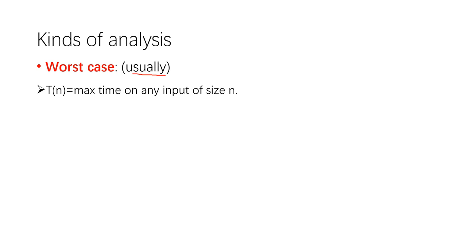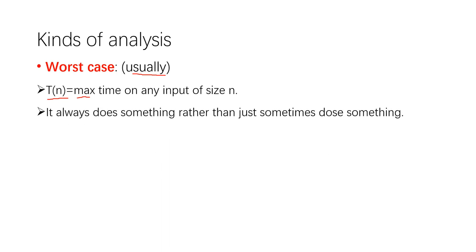T(n) for the worst case means the maximum time on any input of size n. For example, in sorting, no matter whether it is sorted or reverse sorted, we don't care. We need to know for any input.